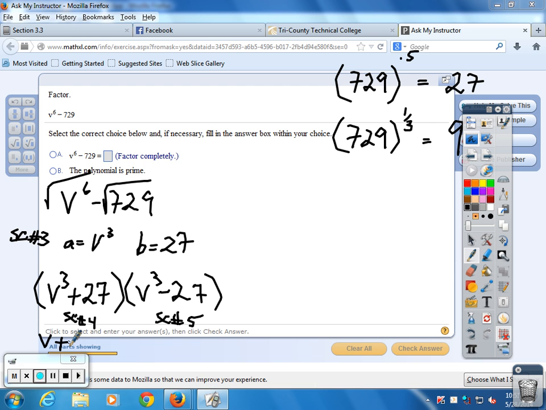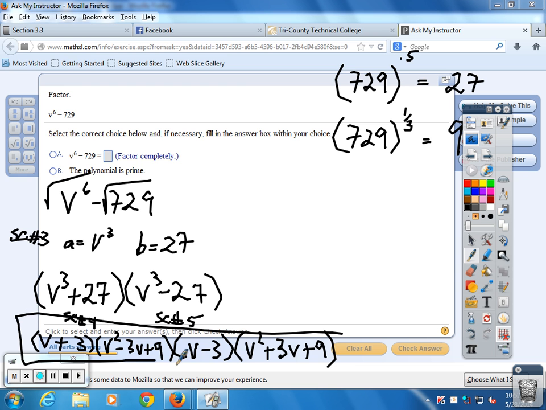Yeah, v plus 3, times v squared minus 3v plus 9. Then v minus 3, times v squared plus 3v plus 9. Now, if you did shortcut number 3, then 4 and 5, that would be your answer.